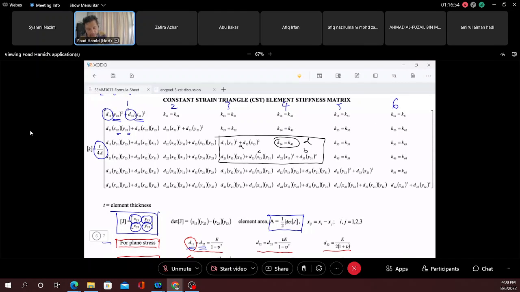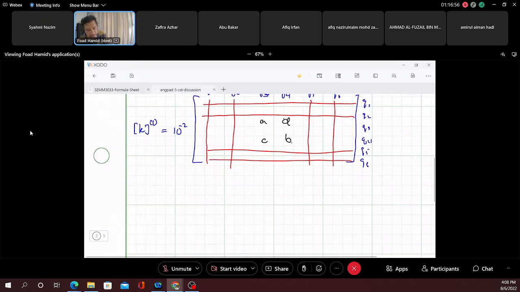In this case, my A is just B11 Y31 square plus B33 X13 square. Note, what is Y31?